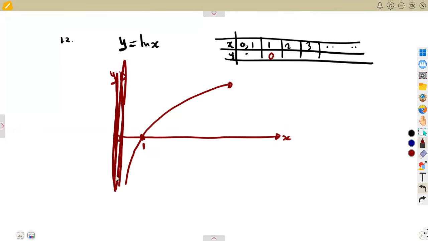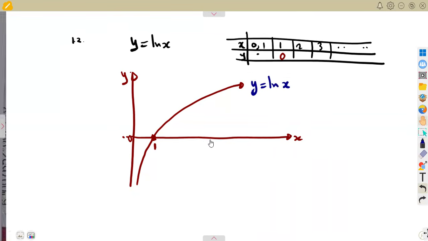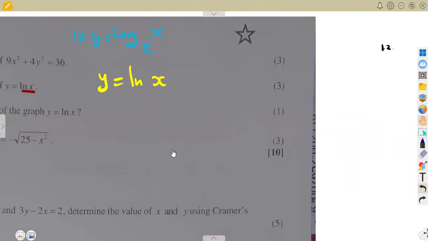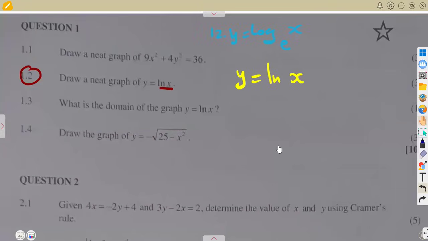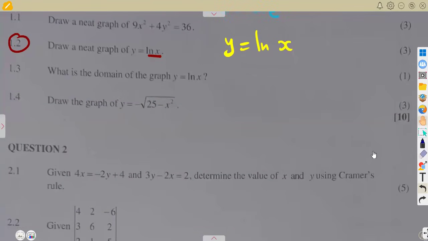At x is equal to 0, we do not have anything there. Negative values we do not have. So that is how your graph was going to be like at the end. I just hope you do understand from the sketch how you're going to have your graph at the end.